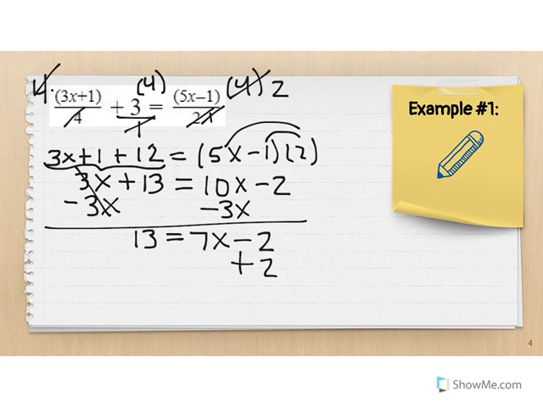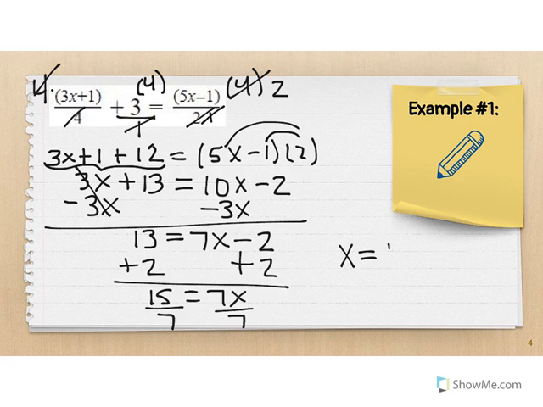I'm going to add 2 to both sides. I get 15 equals 7x, and my last step is to divide both sides by 7, leaving me with x equals 15 over 7. I can't simplify that fraction because there's not a number that goes into the numerator and denominator, so this is my final value.